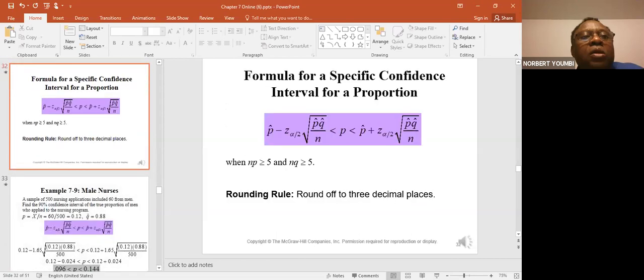To find the confidence interval for a sample proportion, the formula is p hat minus z alpha over 2. Remember z alpha over 2 from the table we had in section 7.1. For 90% it is 1.65, for 95% it is 1.96, for 98% it is 2.33, and for 99% it is 2.58.